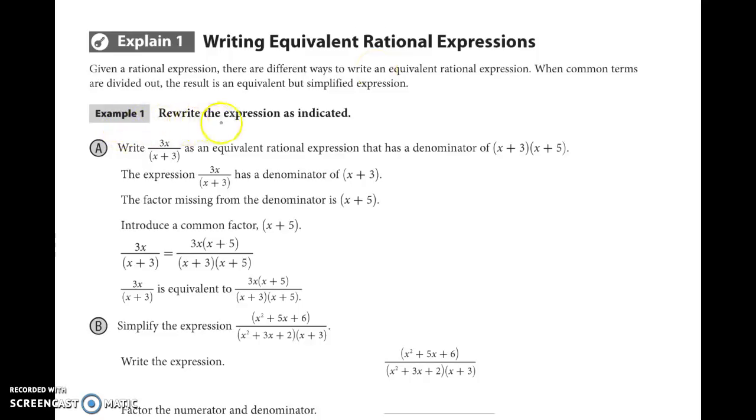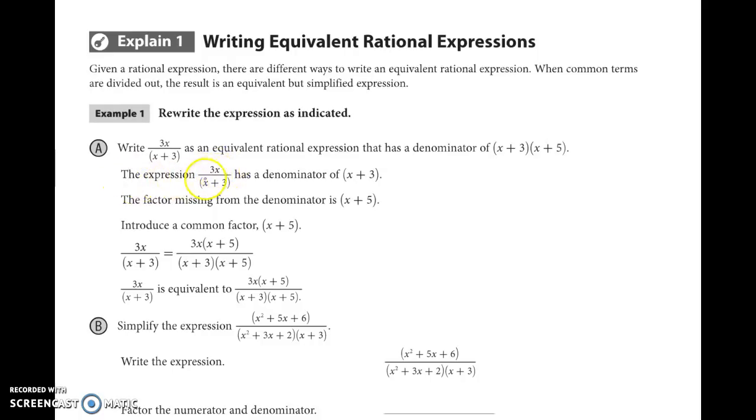So Example 1 says rewrite the expression as indicated, and it says write 3x divided by the quantity x plus 3 as an equivalent rational expression that has a denominator of x plus 3, x plus 5. So it wants a denominator of x plus 3, x plus 5, and all it has right now is that x plus 3. So we're going to look at how to get a denominator of x plus 5 also.